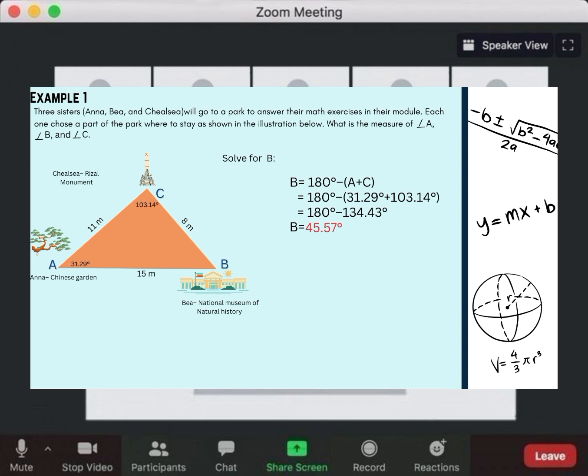So the measure of angle B is 45.57 degrees.